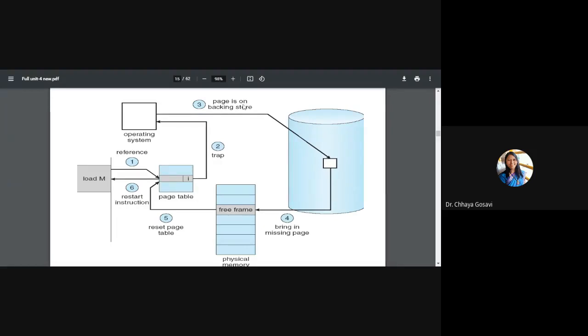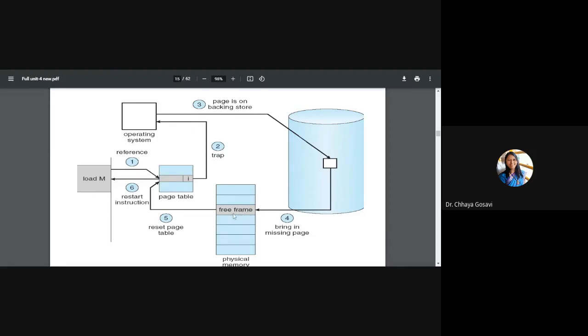Now the page is present in the backing store. We need to bring this page into a free frame. If a frame is free, then bring it directly to the free frame and change the entry of that page from invalid to valid. This is called resetting the page table. Whatever the number of this frame, we have to add this number in the page table, restart the instruction and execute it.